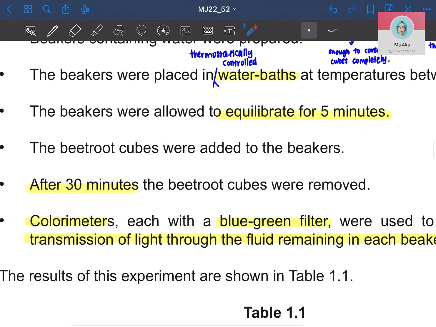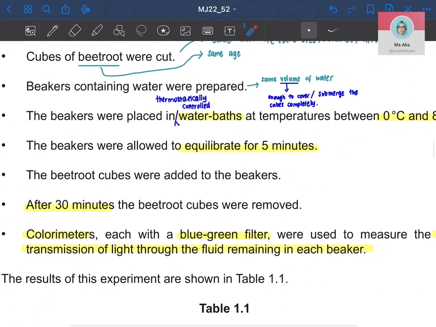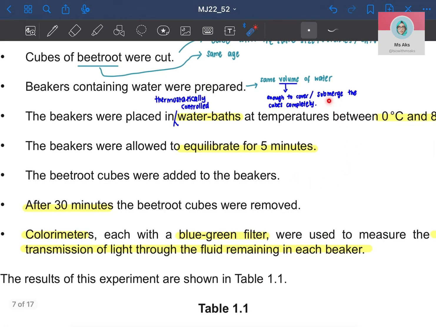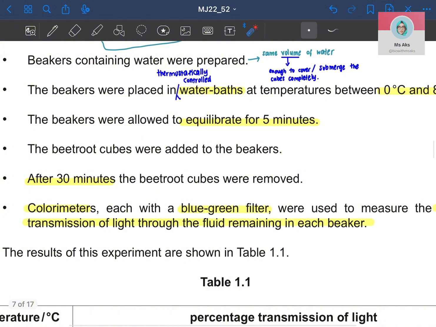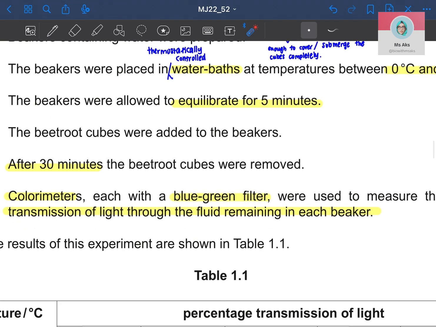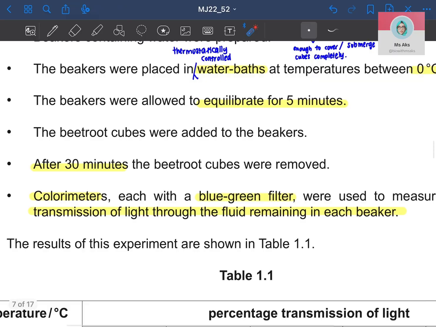All right. So when we're adding the beetroot cubes, just make sure that they are submerged completely. We allow the removal at the same time, so that's fine. They have standardized the timing here of how long you submerge the cubes. And they did mention here that they're using colorimeters.